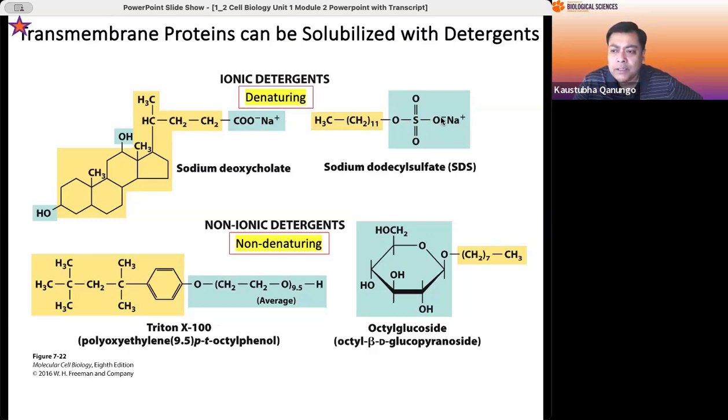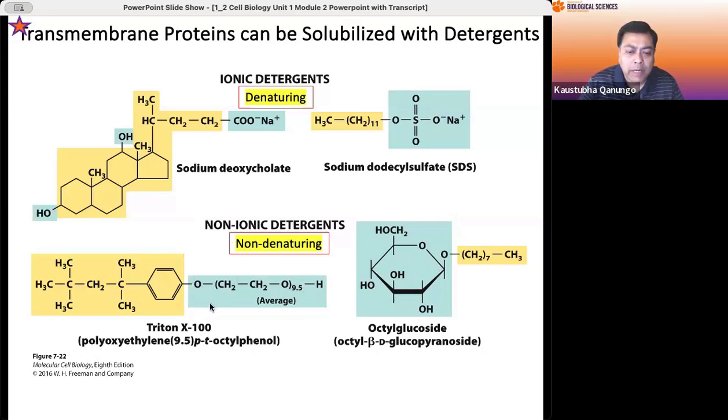These are called ionic detergents because part of them are ionized. Whereas there are other types of detergents which are non-ionic, for example, Triton X-100 or octyl beta-D-glucopyranoside, commonly known as octyl glucoside. Here you can see that there are no charged groups, but just remember how this works.